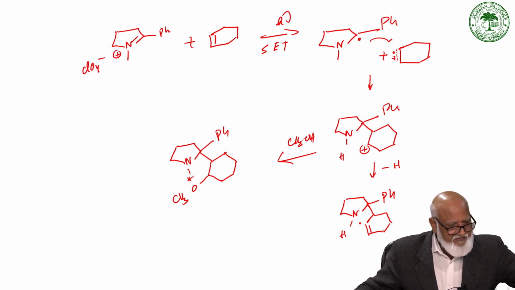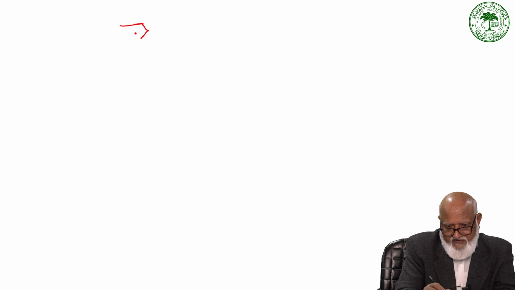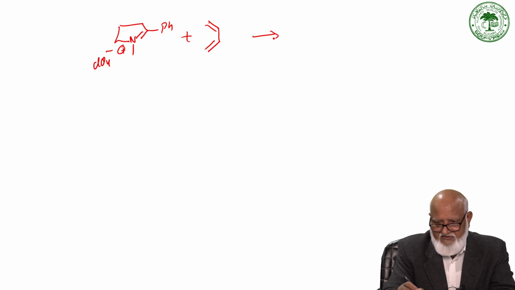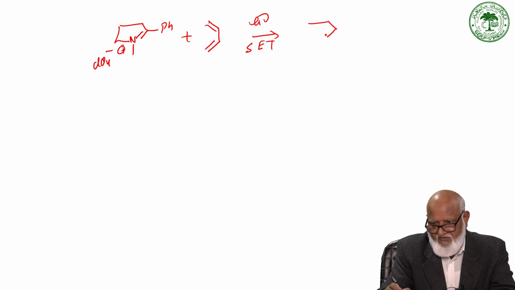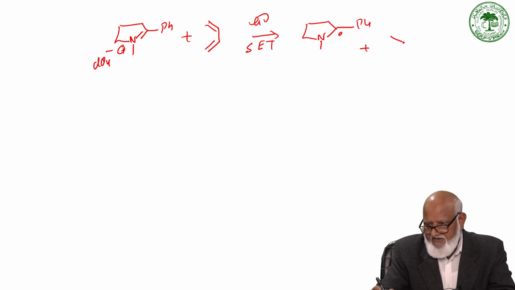As far as the reaction of the same ammonium salt with butadiene has also been reported. If you have the same electron acceptor, the ammonium salt ClO4 minus, plus butadiene, in the presence of light, single electron transfer leads to a carbon-centered radical plus a butadiene radical cation.